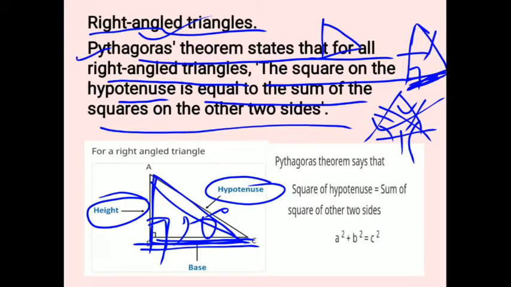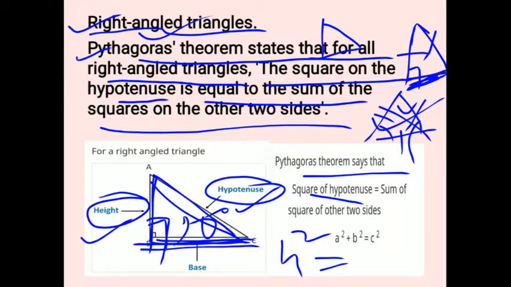So in this type of triangle, the Pythagoras theorem is applied. The Pythagoras theorem is basically the formula: the square of the hypotenuse, that is this hypotenuse, so you can consider h square, is equal to the sum of the squares of the other two sides. What are the other two sides? That is height and base.